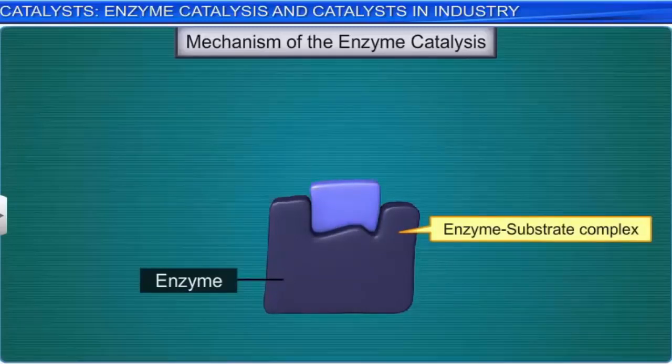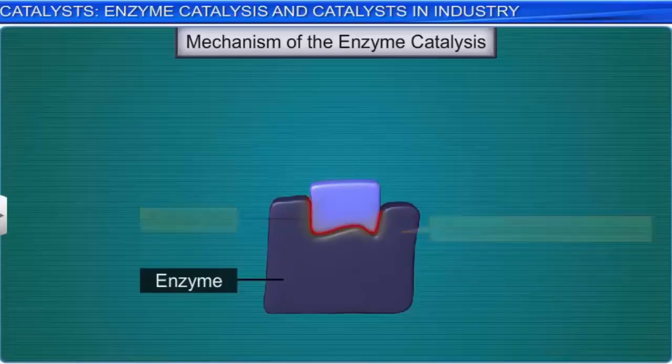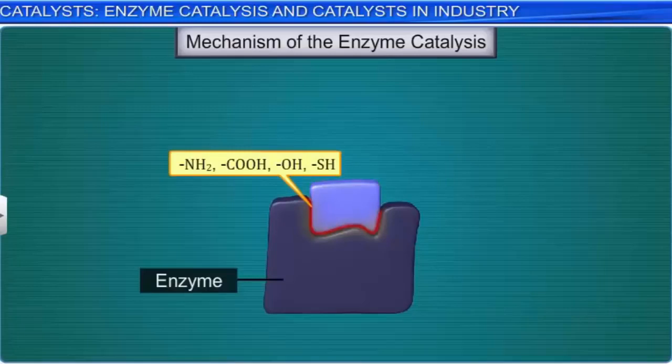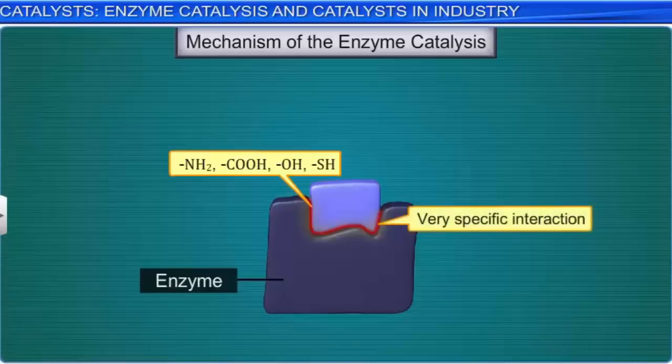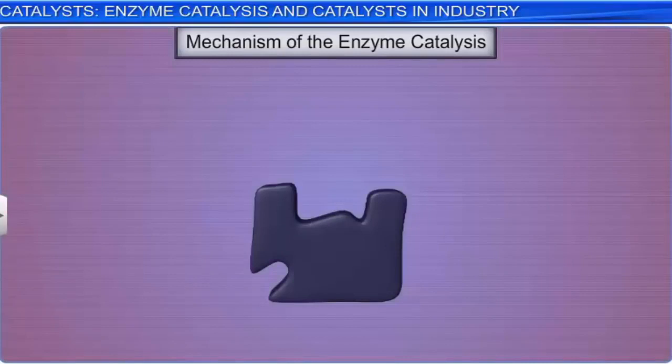These active sites are associated with functional groups such as amines, carboxylic acid, hydroxide, and thiol. The binding of the substrate to the active site of an enzyme is a very specific interaction. Also, the shape of the active site of an enzyme is such that only a specific substrate can fit into it.